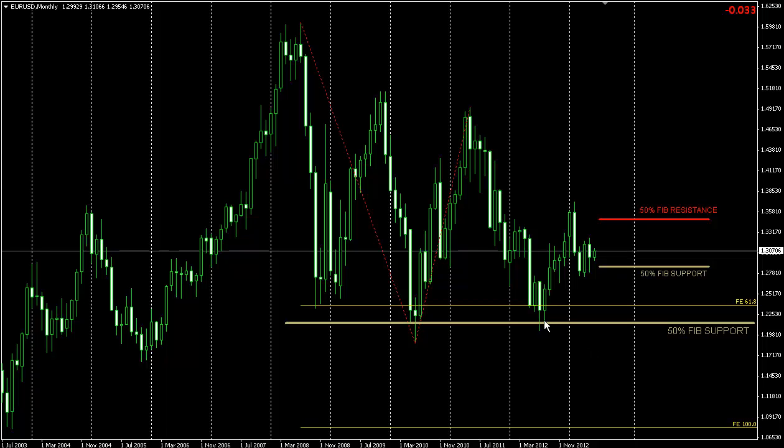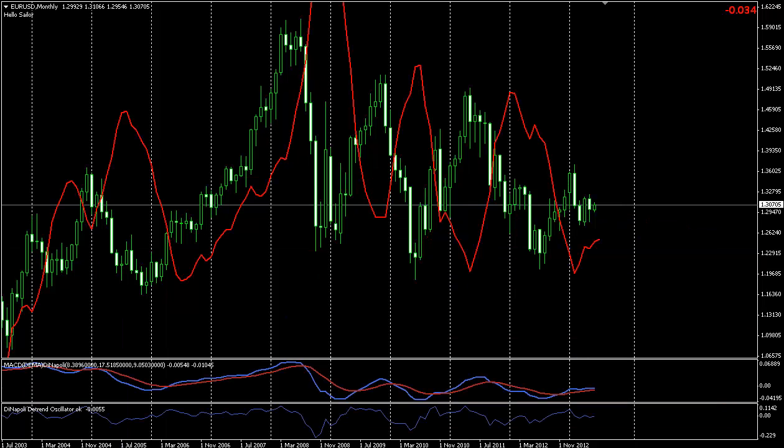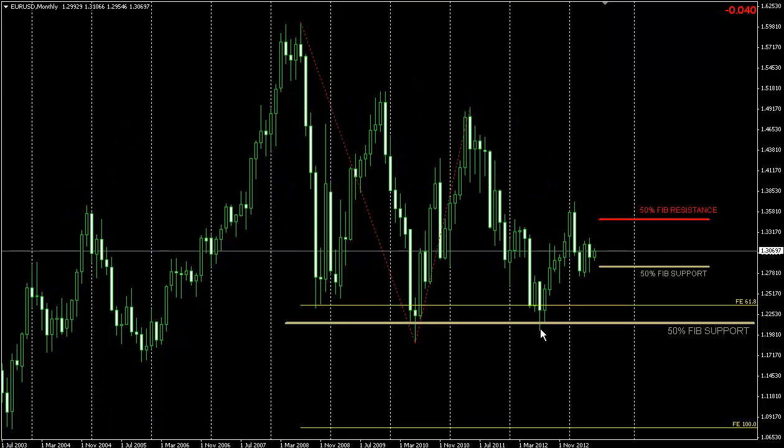The market started to move up again, and as we saw on the previous chart, it turned the trend to the bullish side.